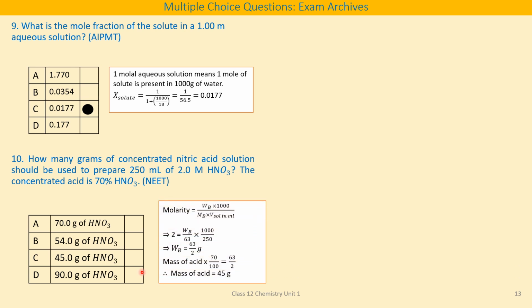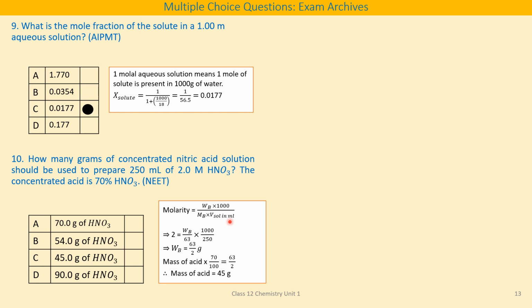Therefore, M is equal to WB divided by W in B into 1000 divided by MB into volume of solution in milliliters. That is equal to 2 into WB divided by 63, with the given values put into 1000 by 250.